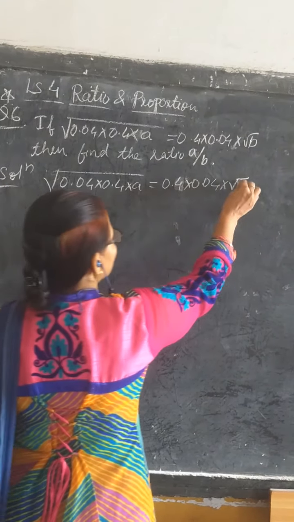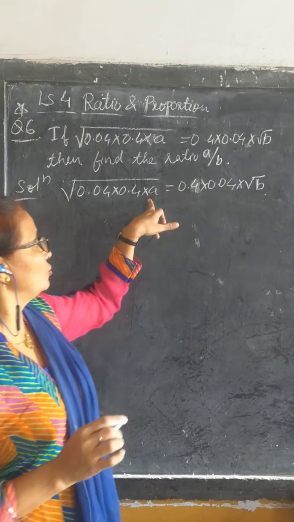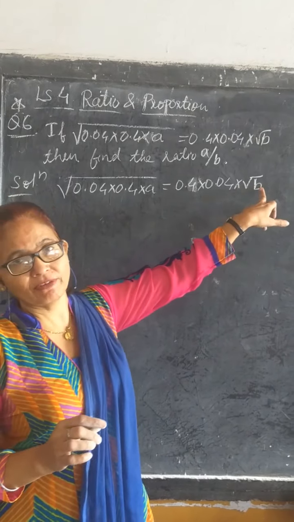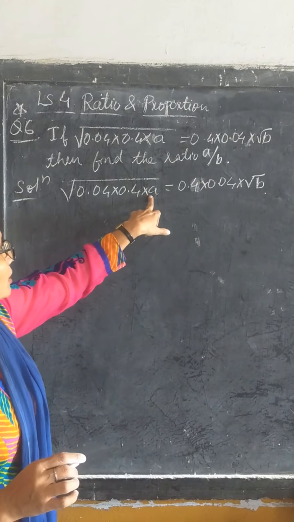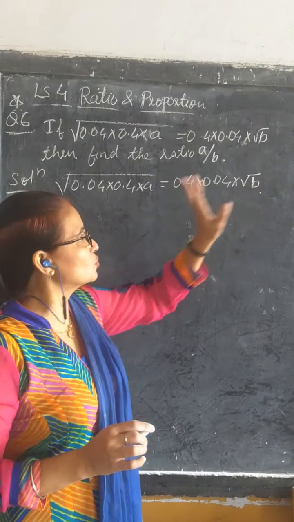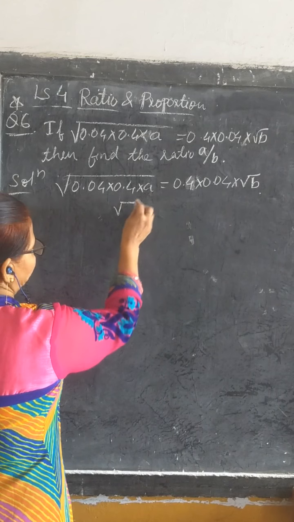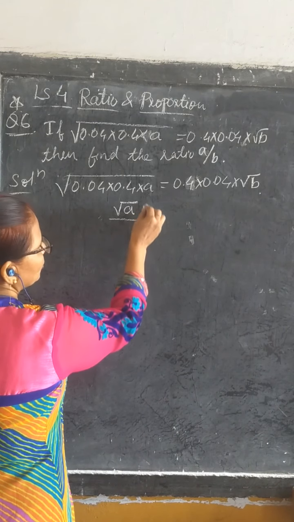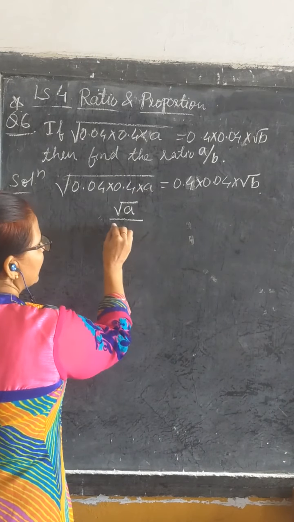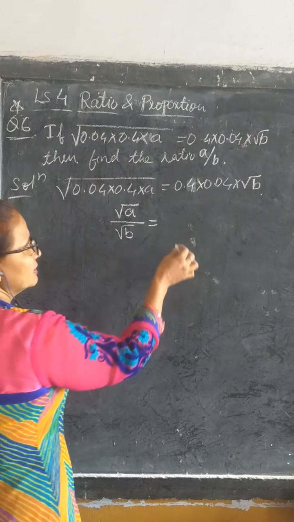Now children, you can see on both the sides variable a and variable b. Here root a is in the square root and root b is also in the square root. So let's transpose on one side. On the left side you will get square root of a by square root of b. And now transpose numbers on one side.